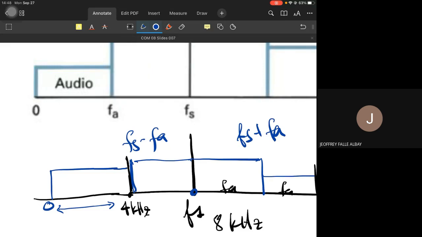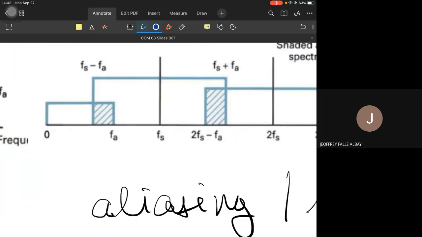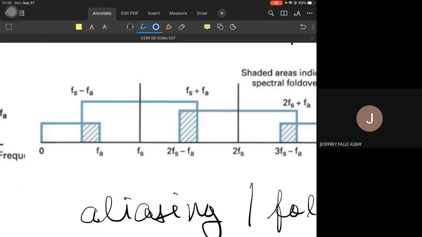Okay? So this is what happens if not. If the sampling rate is less than twice the frequency of the input signal.